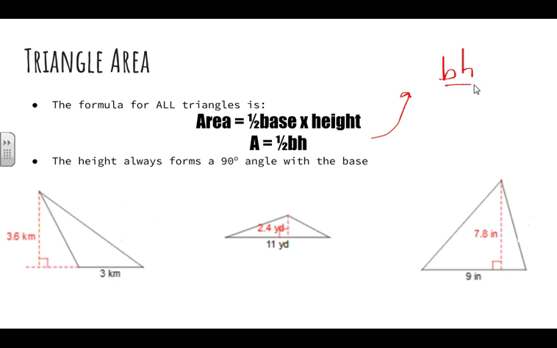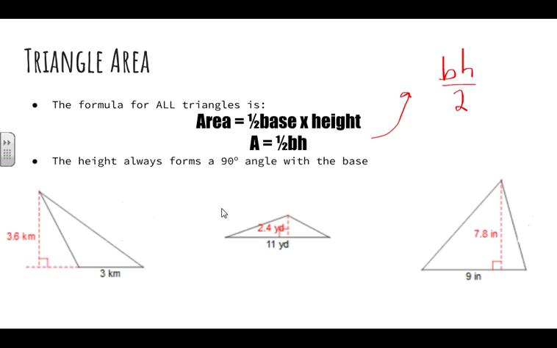It's exactly the same thing. All right, so the area of a triangle is 1/2 times the base times the height, or base times height divided by 2. All right, and the reason for that is a triangle is basically a quadrilateral that's been cut in half diagonally, right? So that's why you do base times height like you would a rectangle, but then you've got to cut it in half.